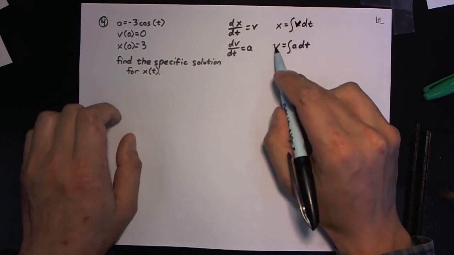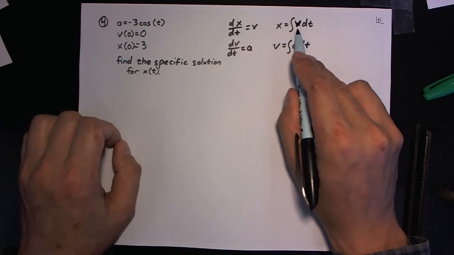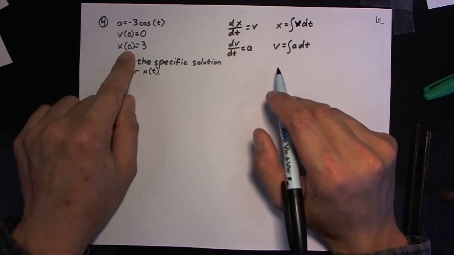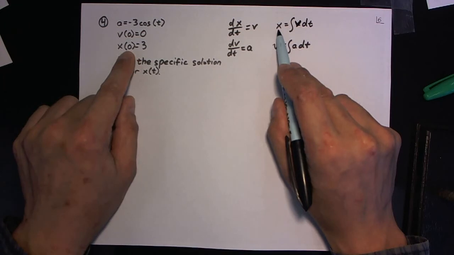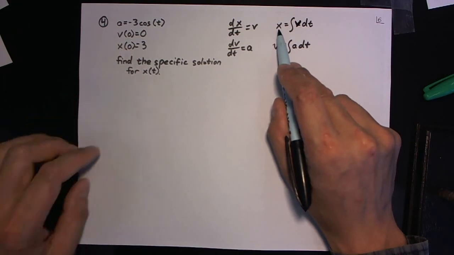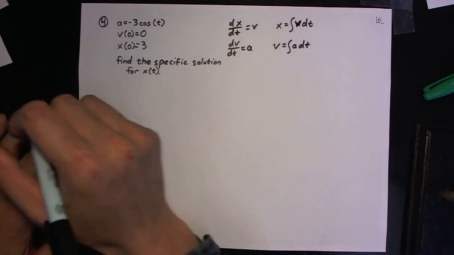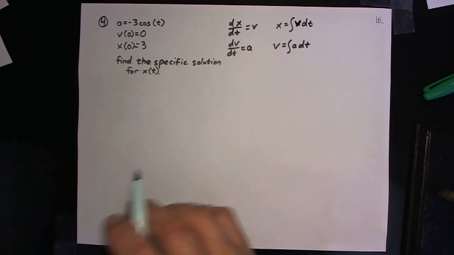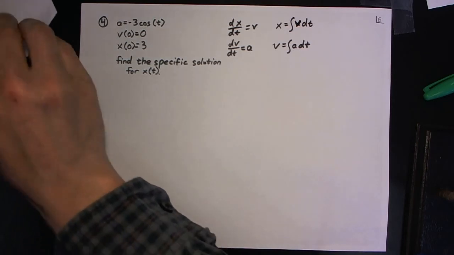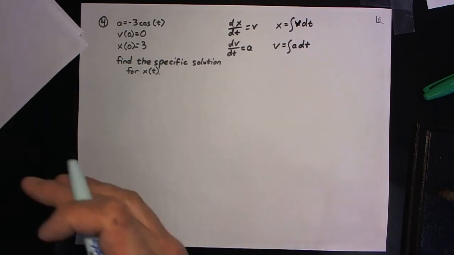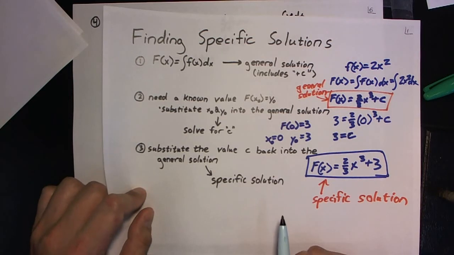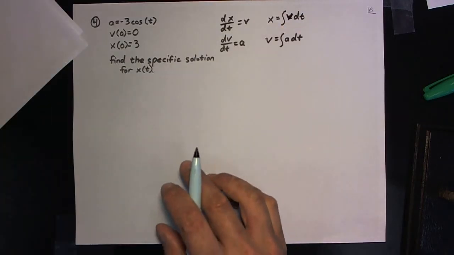There we go. And then we take velocity and we integrate that again, and then we apply this specific solution in order to find this known point in order to get a specific solution for position, otherwise known as x. All right, so basically we're just doing this process twice.